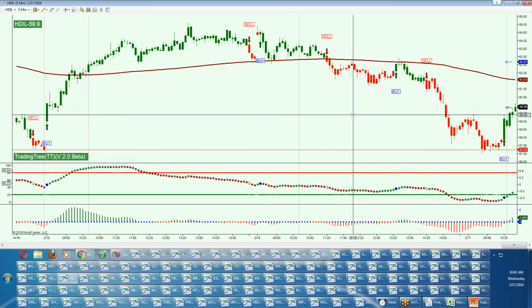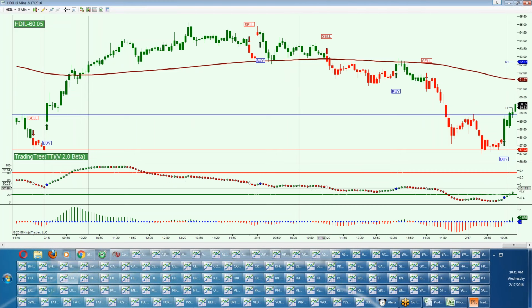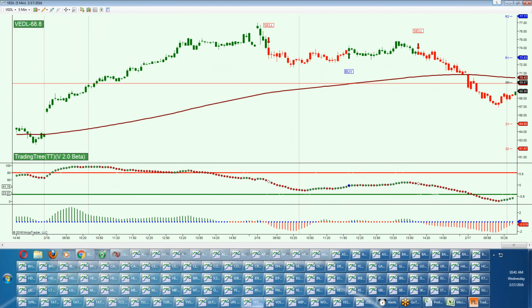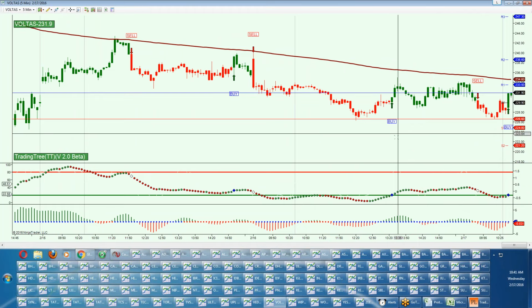That's your entry for HDIL. You can expect 61 level. Voltas, we have a buy here. So your entry is 232.